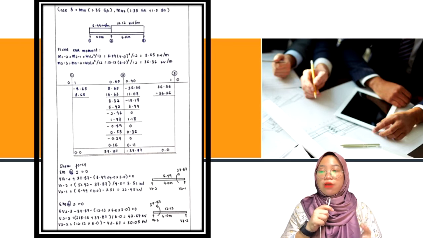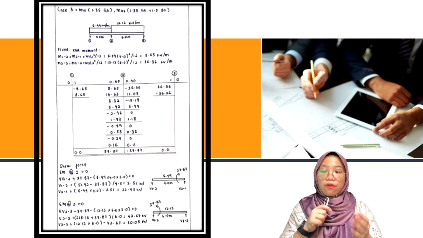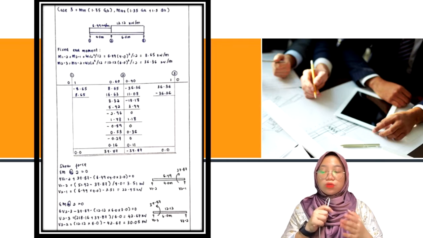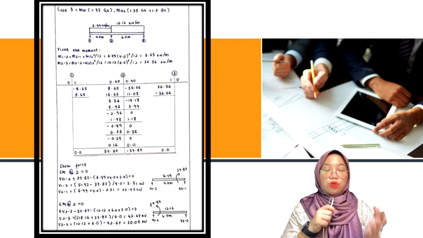Next is the shear force at W1: V1 to 2 is 3.51 kilonewton and V2 to 1 is 22.45 kilonewton. Next, on W2, V2 to 3 is 42.67 kilonewton and V3 to 2 is 30.05 kilonewton.